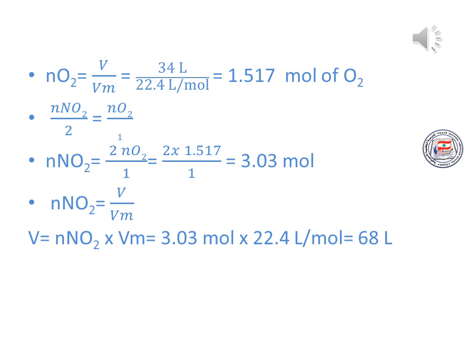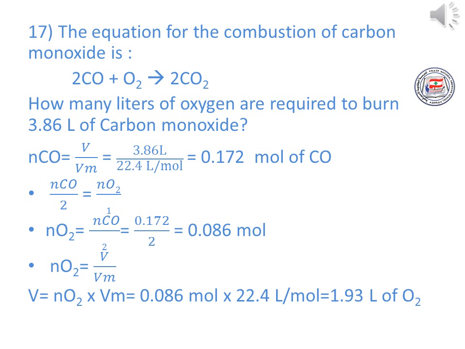Finish by converting from moles to liters. n of nitrogen dioxide equal V divided by Vm, and the volume equal 3.03 moles times 22.4 liters, and the answer is 68 liters.